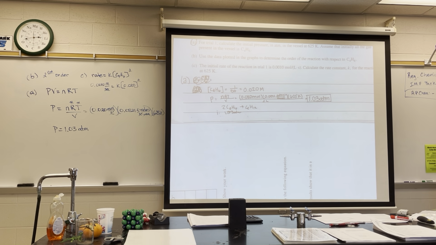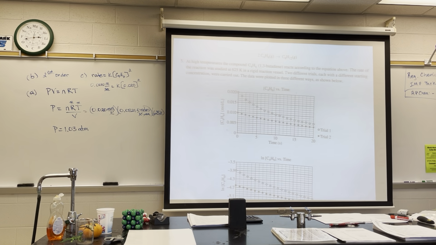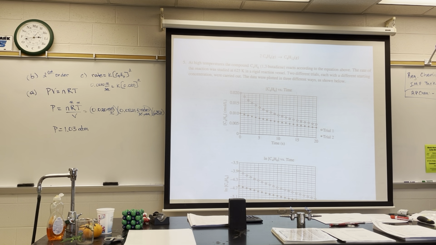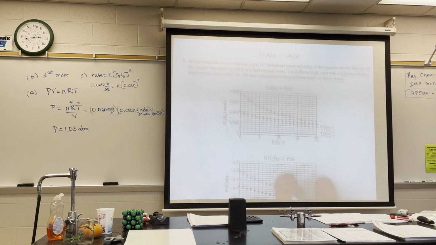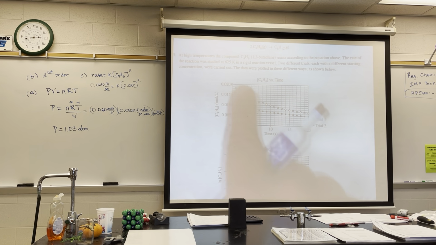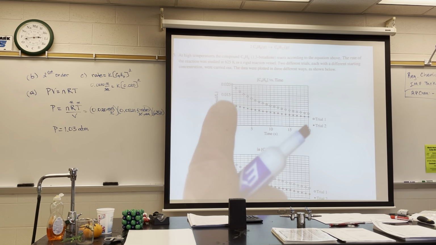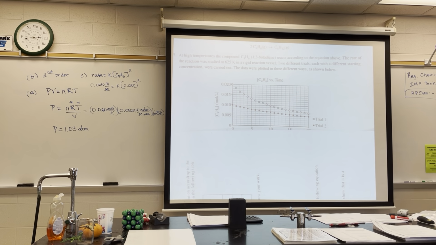Make sure in trial 1, well, they just say the 2 trials. Trial 1 is this one right here, so it's the 0.02. If it said trial 2, we'd have to use the 0.1. Now that's simple math.